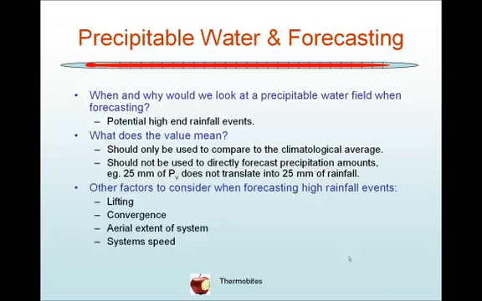There's lifting, there's the role of surface-based convergence, there's the aerial extent of systems, whether or not they're small isolated systems that rain heavily in one location or rain heavily over a larger area, and then of course there's system speed. Does a storm or a weather system spend a lot of time in one place and rain a lot of its moisture out in that location, or does it move through quickly and not result in high-end rainfall events?